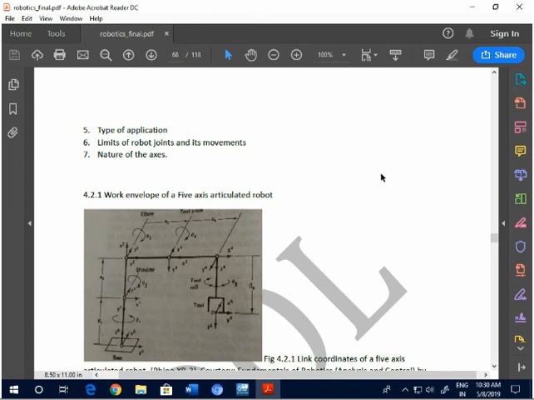See now, Rhino is a 5 axis articulated robot. All the 5 angles are named BSEPR.